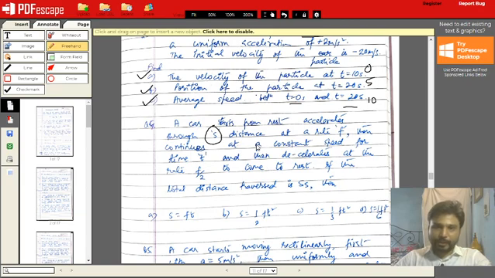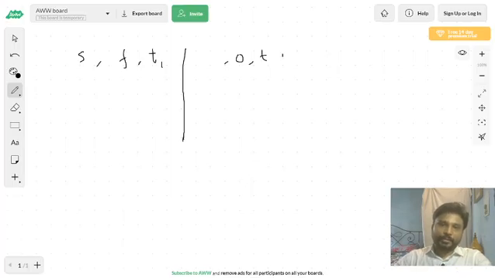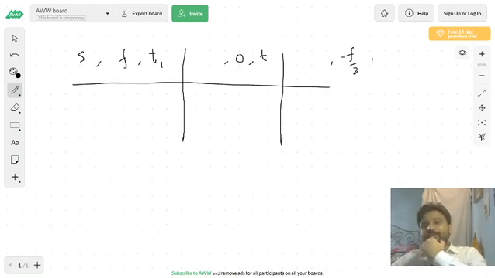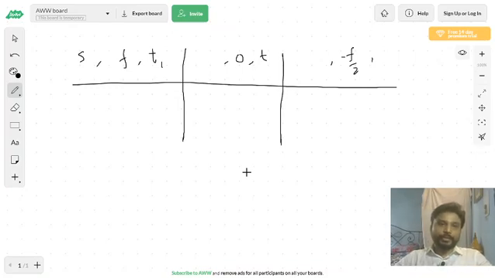Then it continues at a constant speed for time t, and then deaccelerates at the rate f by 2. That means the acceleration is minus f by 2, and it would take some time. If we go back to the question, we would be able to get some equations.